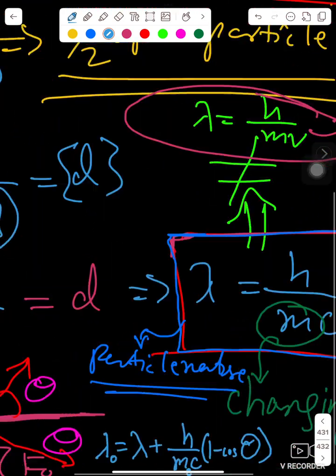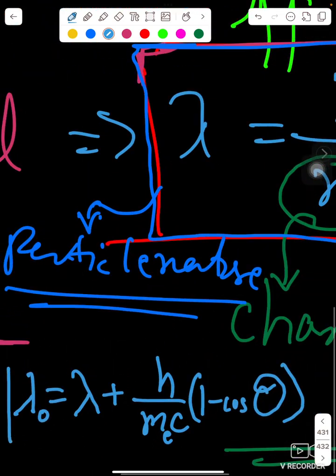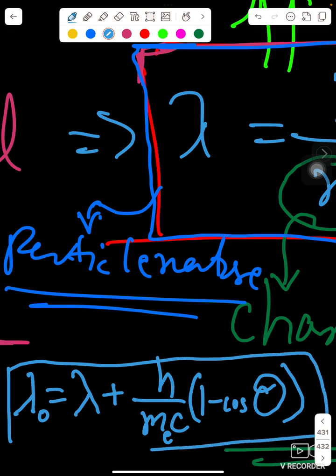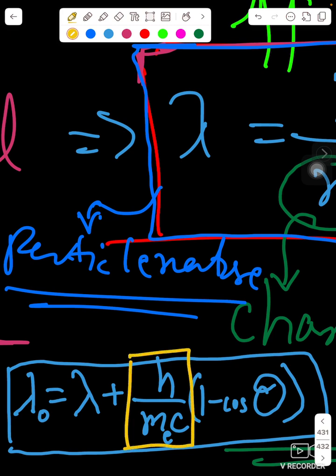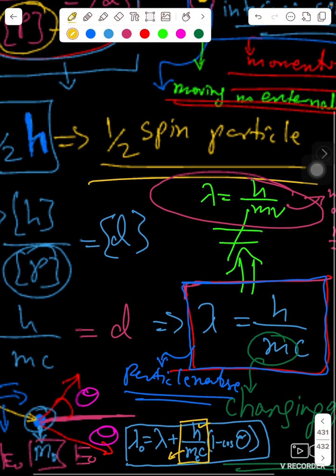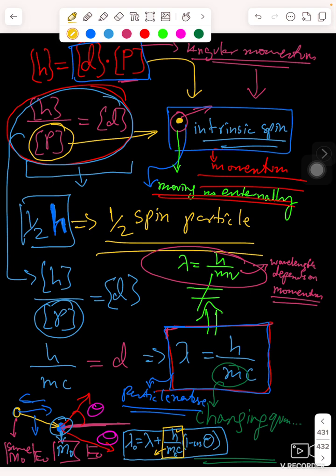So this is our equation for the wavelength of the photon after scattering. And by the way, you might have noticed this value is a fixed value, because h is a constant, c is a constant, and we know the mass of the electron as well. So it's a non-changing value, and theta and the wavelengths are the changing values.